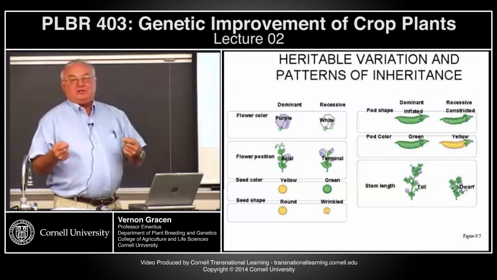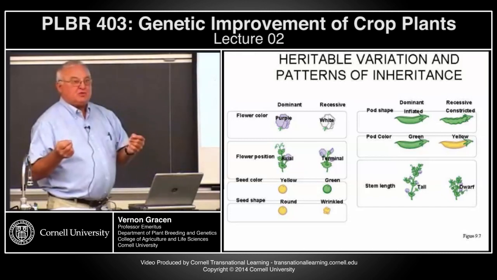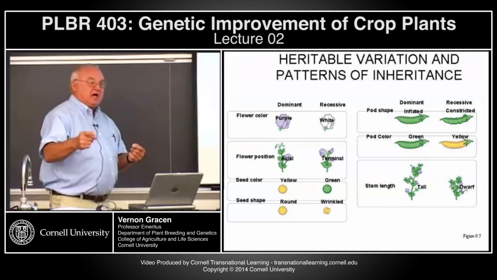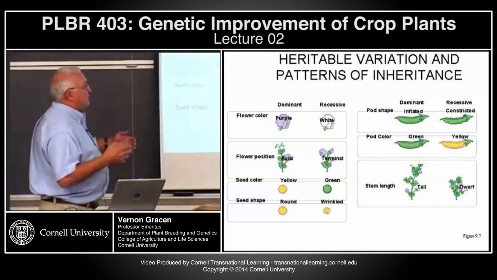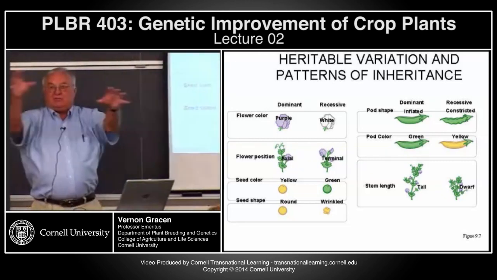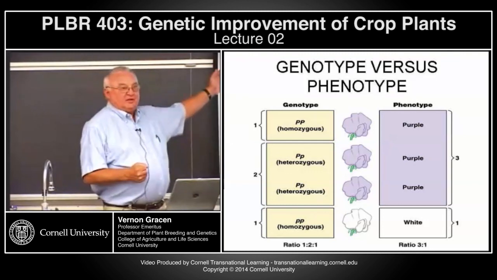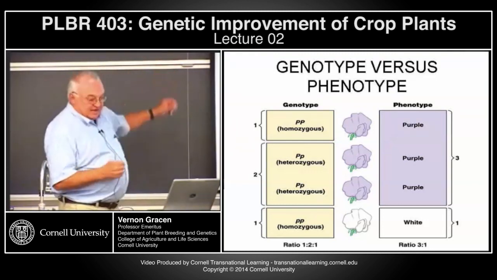All of the traits that he dealt with and reported in his original papers, we know now were controlled by single dominant genes. And so it was very easy for him to pull from all of the patterns of inheritance around him some assumptions based on these particular crosses.